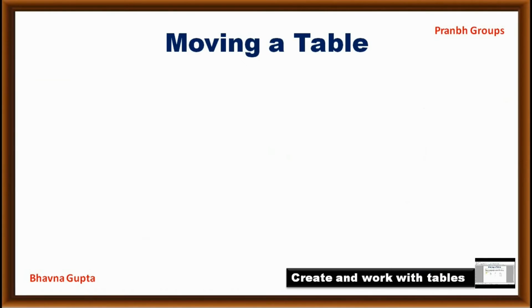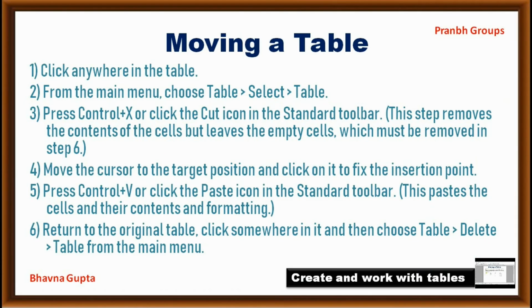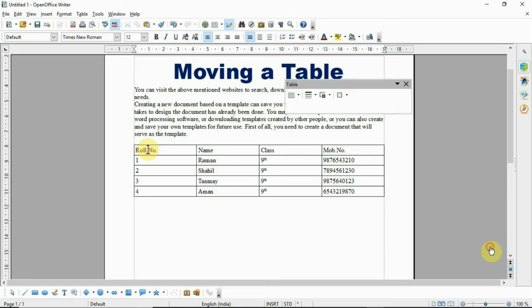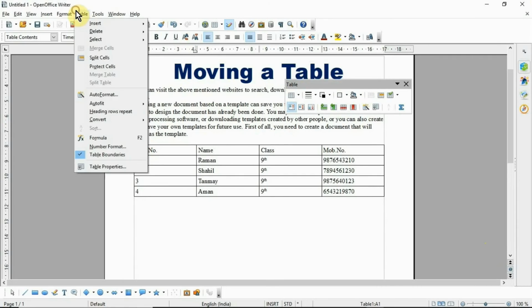Next one topic, moving a table. Follow these steps. Let's do the practical and see how to move a table. First of all, click anywhere in the table and then click the Table menu and then click the Select option and then select Table.